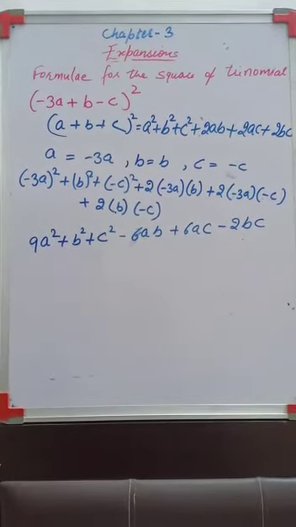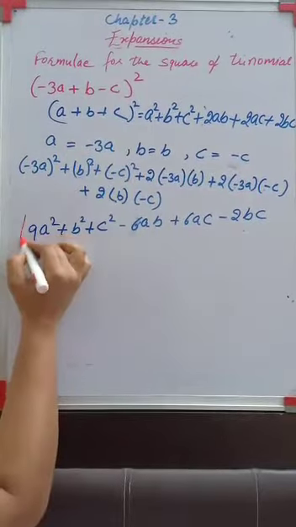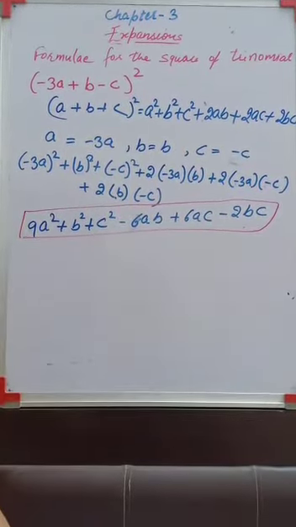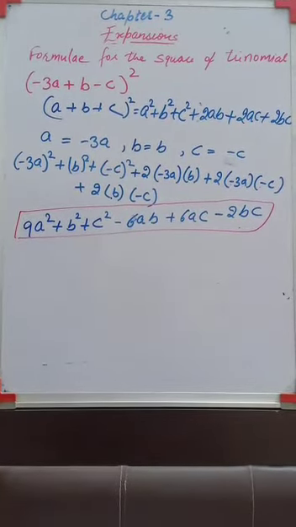So what I am getting? I am getting that (minus 3a plus b minus c) whole square is equal to 9a square plus b square plus c square minus 6ab plus 6ac minus 2bc.